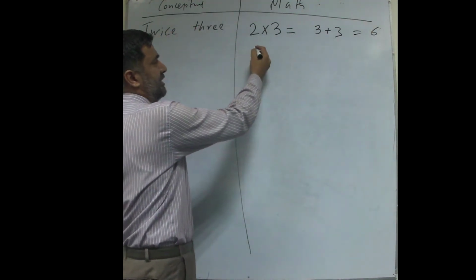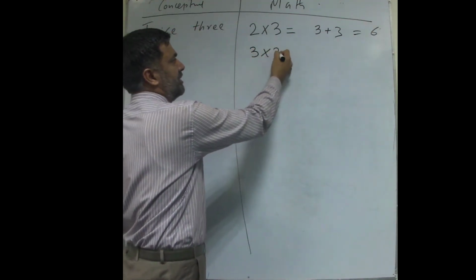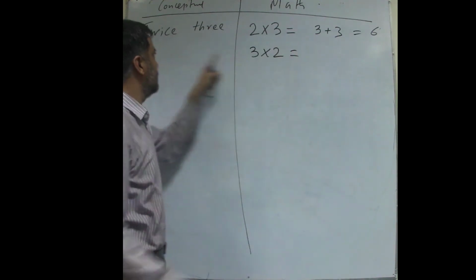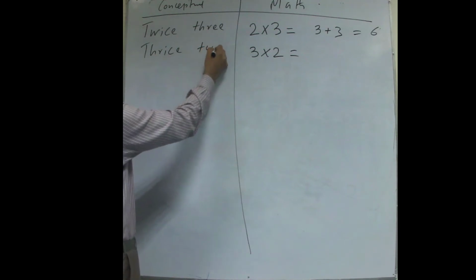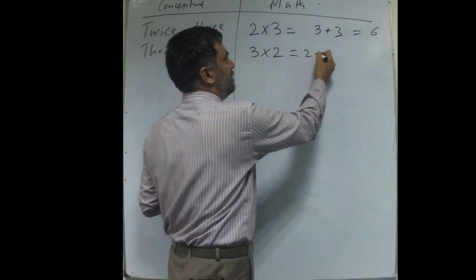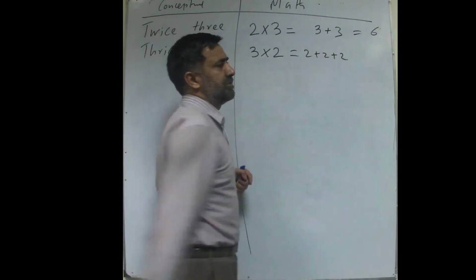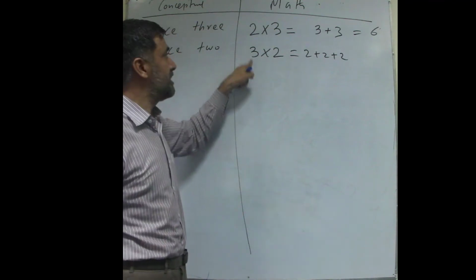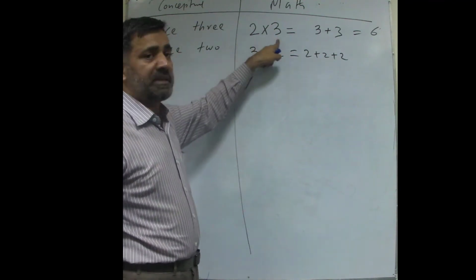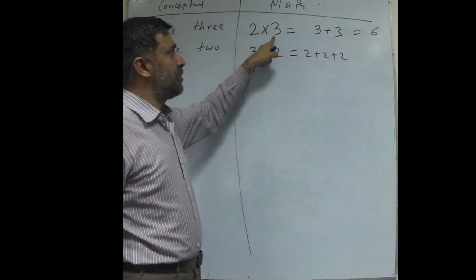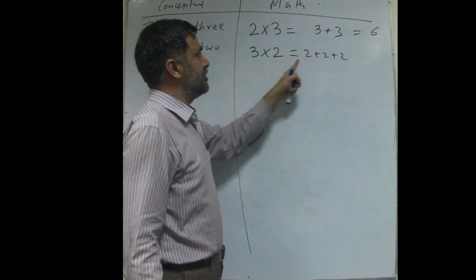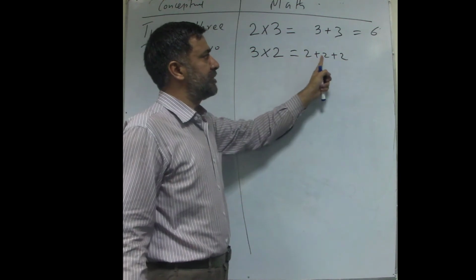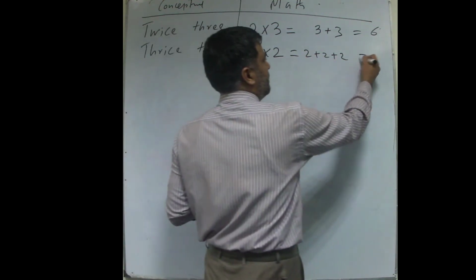So what is 3 times 2? Here you will have to say thrice 2, and this should be 2 plus 2 plus 2. Remember, you have to start from here. Some people say 2 times 3 is 2 plus, no, that is wrong. The standard is to go from here. So 3 times 2 is 2 added 3 times, and you see the answer is the same.